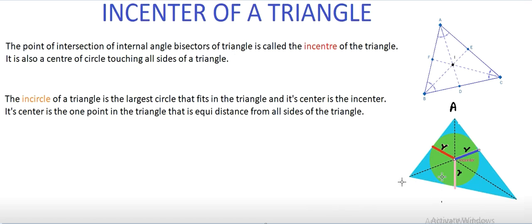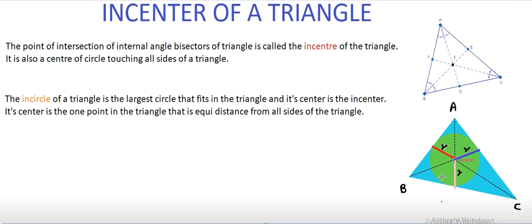I am naming them A, B and C. So here AB is a side and this red line is the distance from AB to the center, that is, the incenter, and also AC is another side and this is the distance from AC to the incenter, and similarly in the case of BC also.